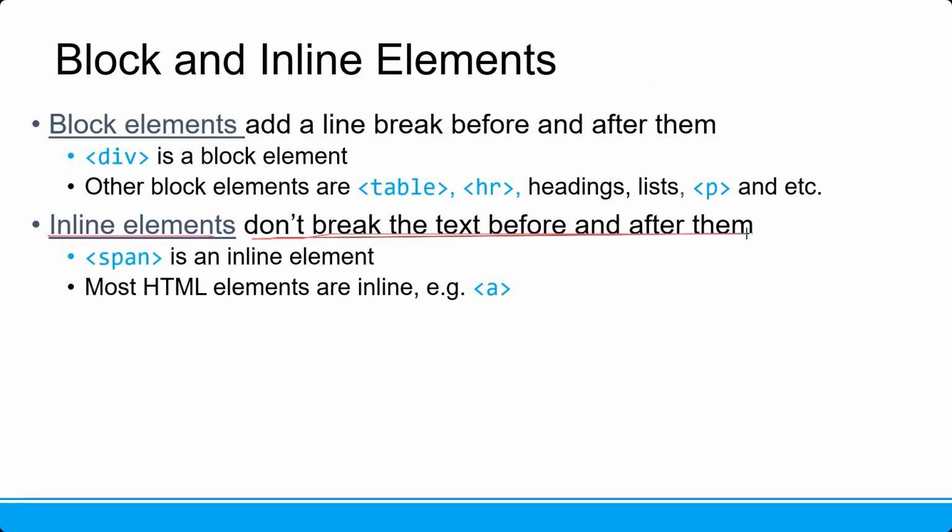So it means inside the text, it can be changed according to the properties. So span is an inline element. And also HTML elements, for example, A with href, are also inline elements.